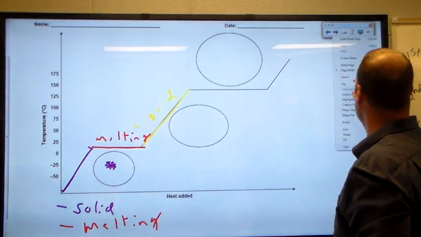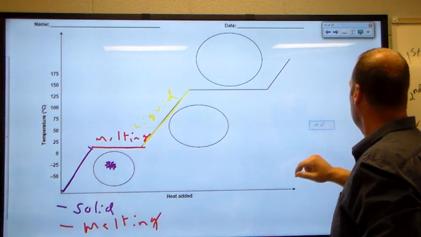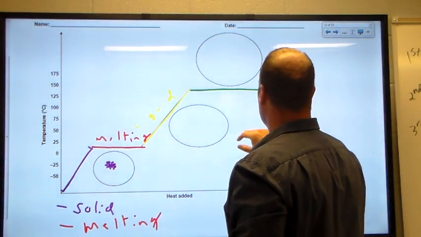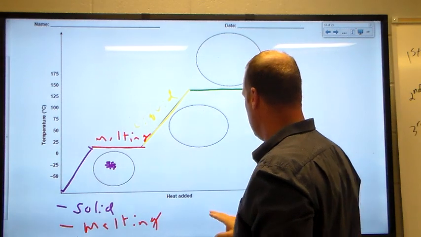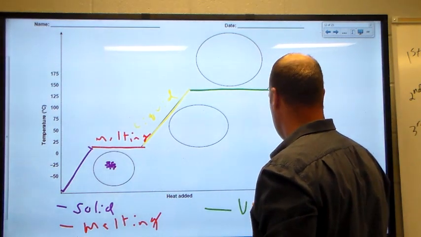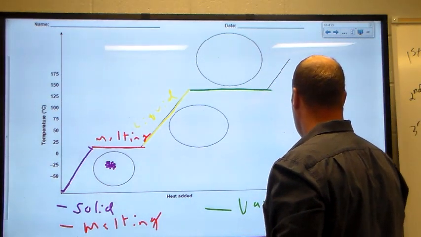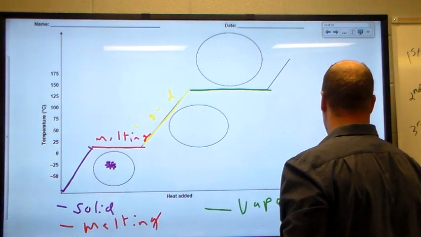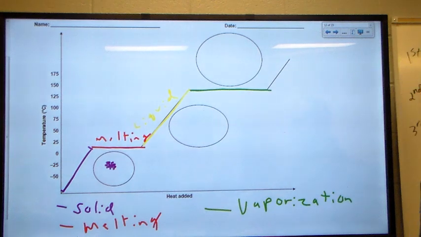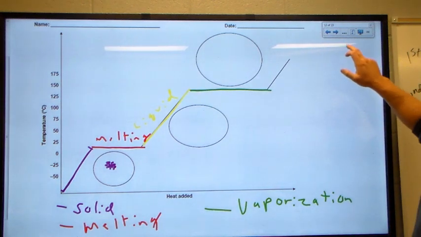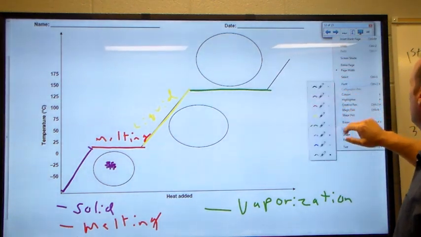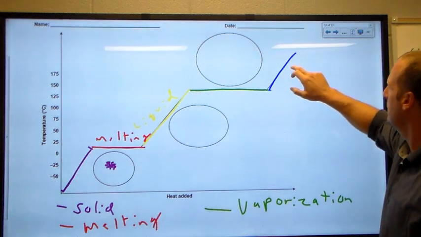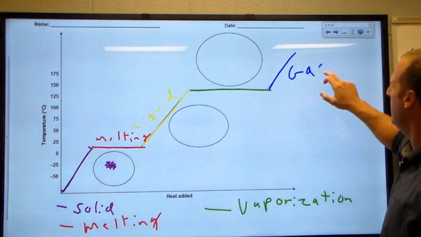Okay? So who can help me finish now? What would this point to this point be? Vaporization. And then here the substance would be, we'd be heating that as a gas.